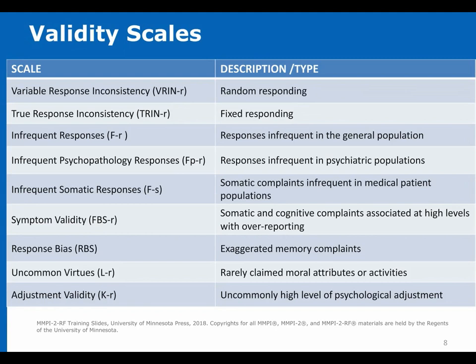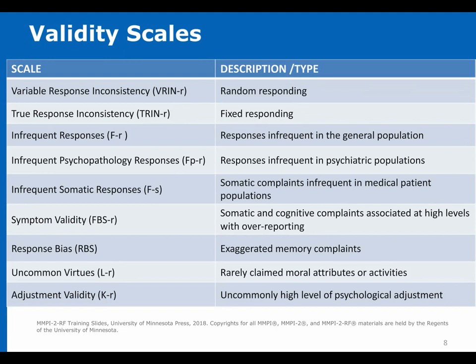The next two scales also assess overreporting. Symptom validity is intended to assess somatic and cognitive overreporting. This is a rationally derived scale. And the response bias scale is intended to assess exaggerated memory complaints. The way that RBS was developed was that the authors identified a group of civil litigants who had evidenced invalid, exaggerated memory problems on performance validity tests.